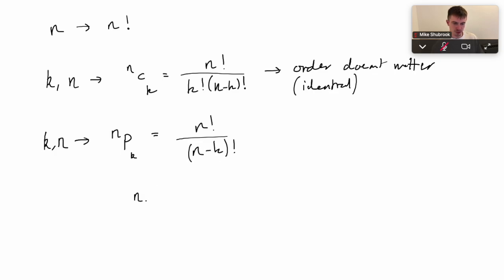So the difference between these two things is a division by k factorial, which essentially will remove the overcounting, which occurs if the objects are identical. Right, so this assumes that the objects are distinct or distinguishable.